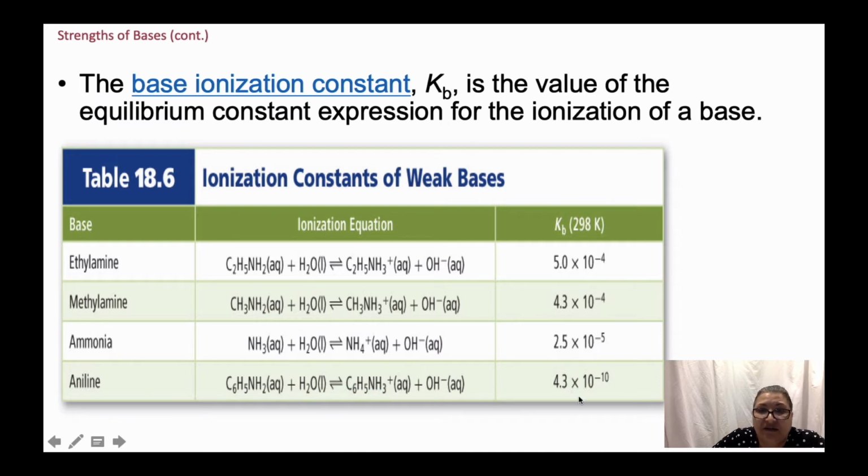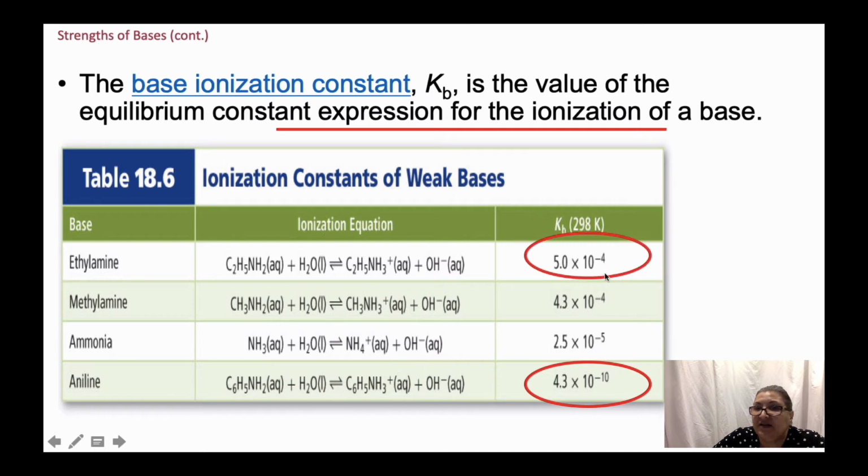Now again, if we look at ethylamine, it is 10 to the negative 4. Aniline is 10 to the negative 10. So this is a much weaker base.